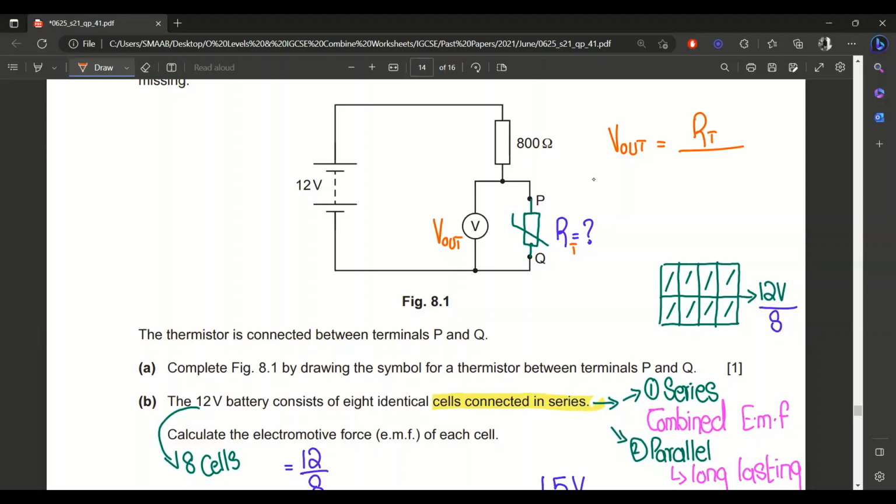And in the denominator, we add the values of both resistors which are connected in series, so we combine the resistance, that is RT plus 800. And this whole quantity is multiplied by the input voltage, and that input voltage is 12 volts, right?